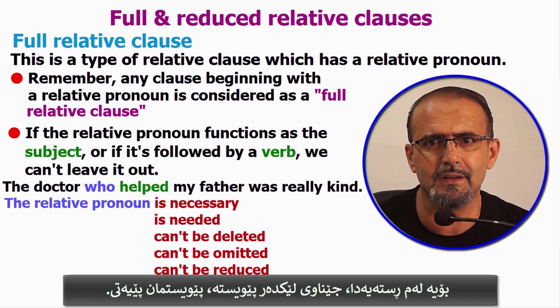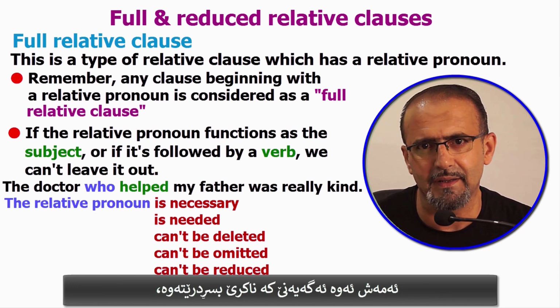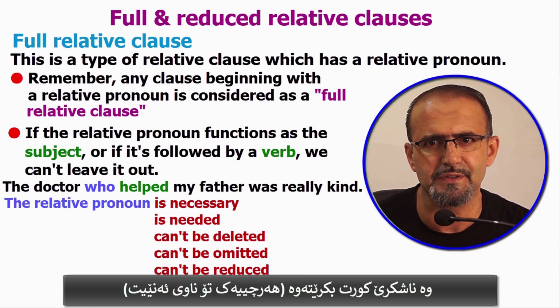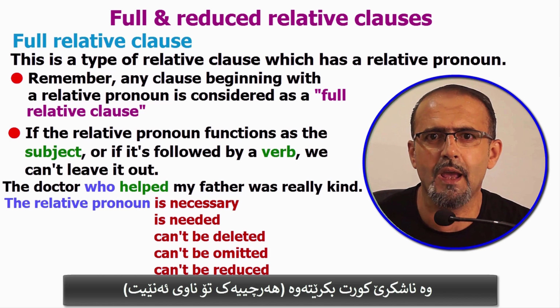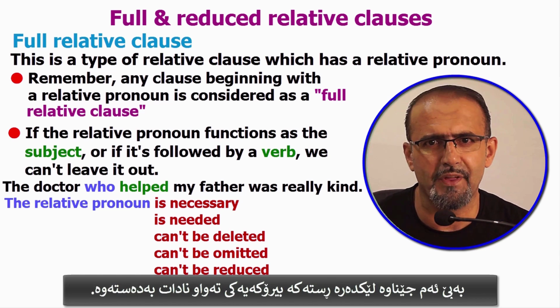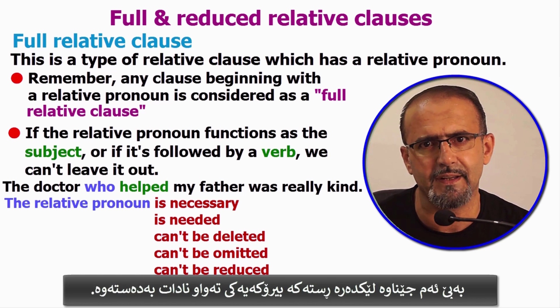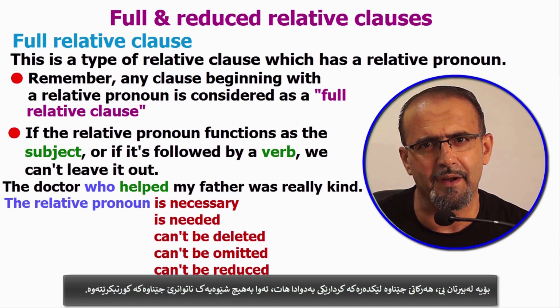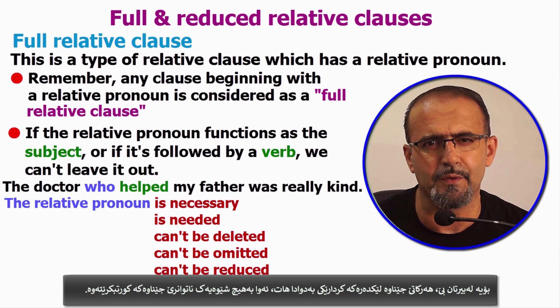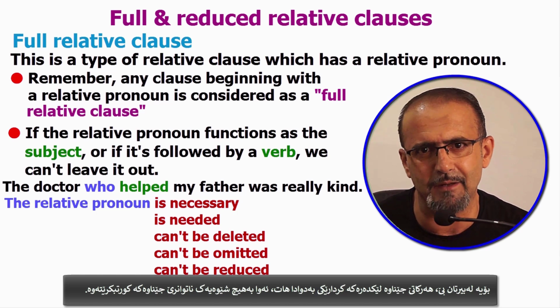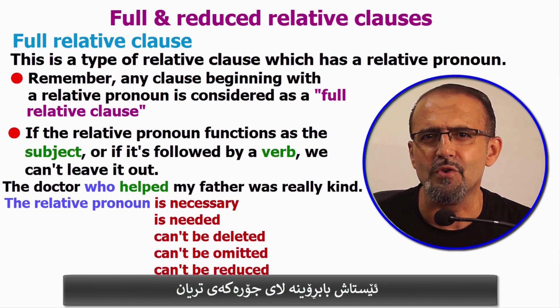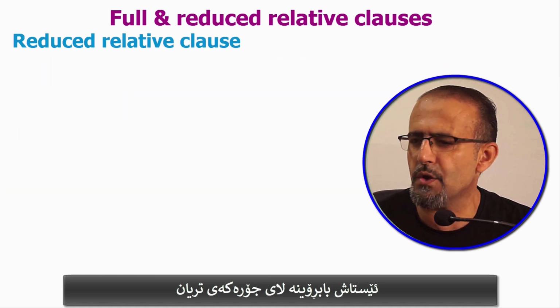We need it, which means it cannot be deleted, omitted, or reduced, whatever you call it. Without the relative pronoun, the sentence doesn't give a complete thought. So keep it in mind that whenever the relative pronoun is followed by a verb, it cannot be reduced at all. Now, let's move on to the next one.